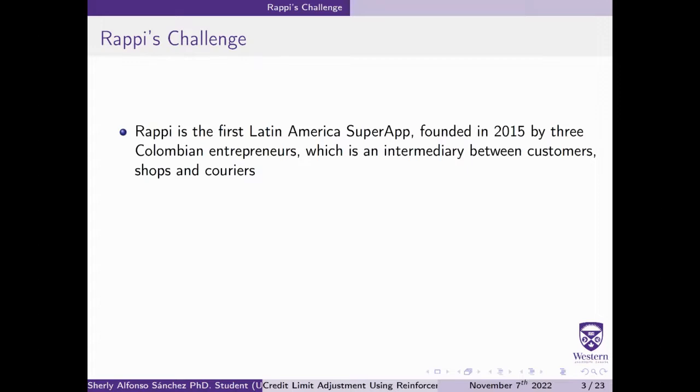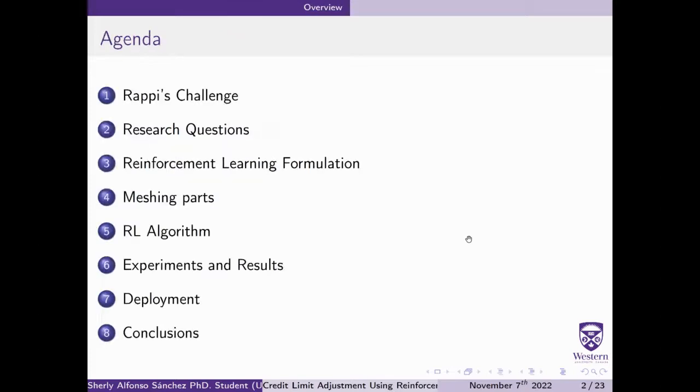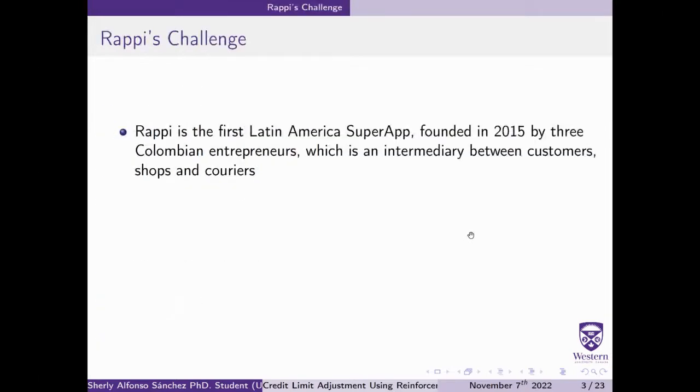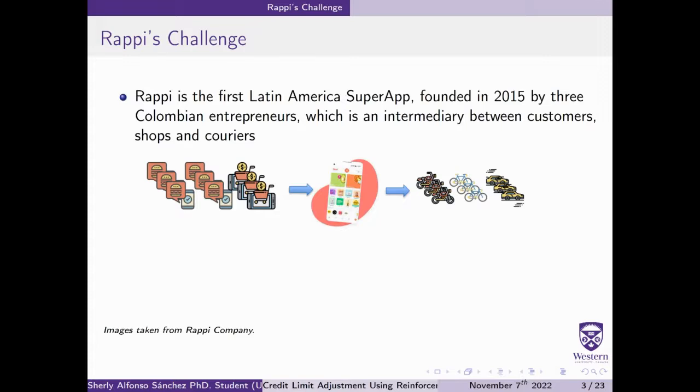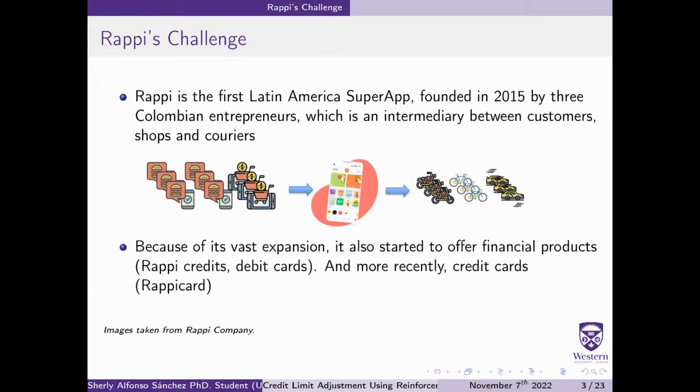So overall, the data provider company was Rappi. This is the first Latin America super app that started as an intermediary among the customers through their application. They have different kinds of demands of products, and the application connects the customers with different kinds of couriers.